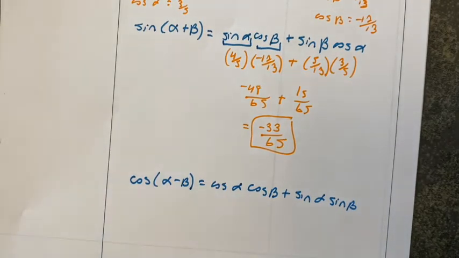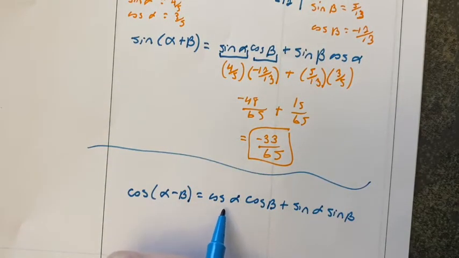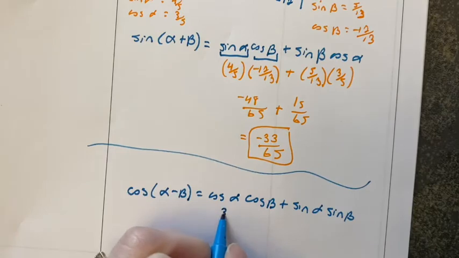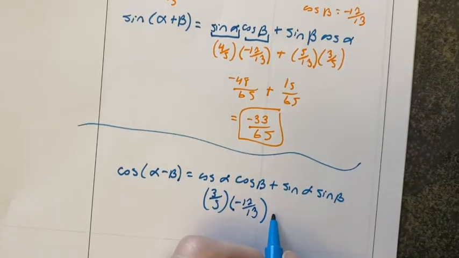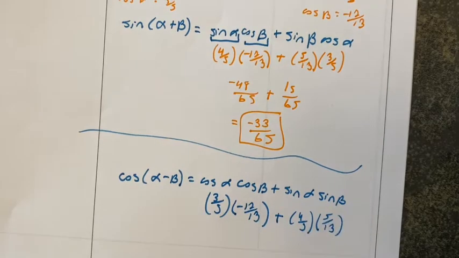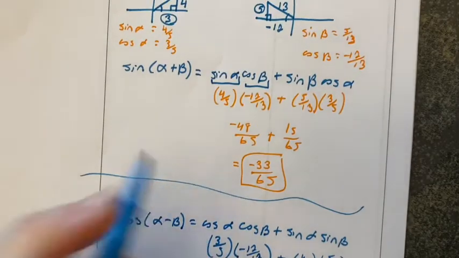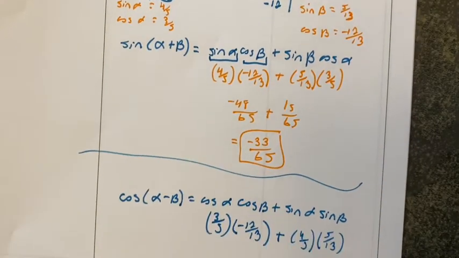So cosine of alpha is 3/5. Like that. And again, I'm getting all of these from what I created up here with my triangles.